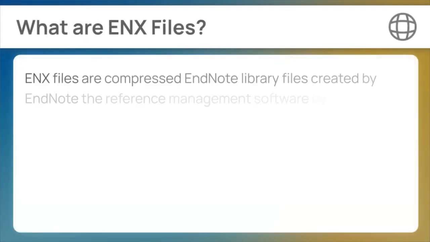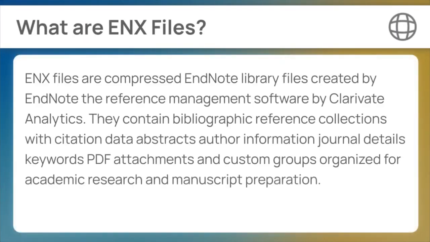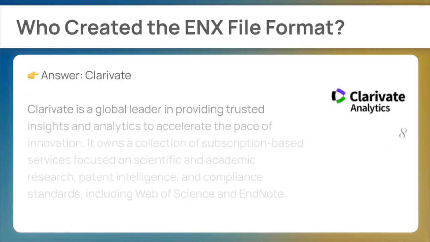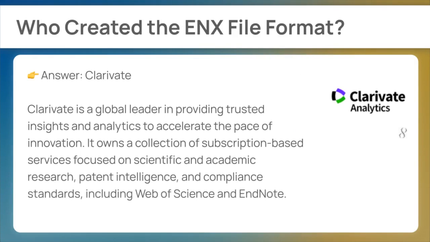ENX files are compressed EndNote library files created by EndNote, the reference management software by Clarivate Analytics. They contain bibliographic reference collections with citation data, abstracts, author information, journal details, keywords, PDF attachments, and custom groups organized for academic research and manuscript preparation.